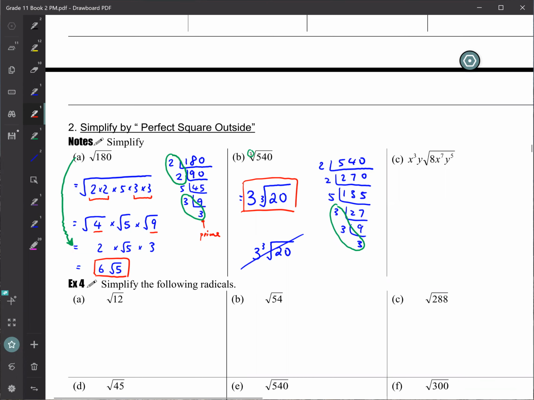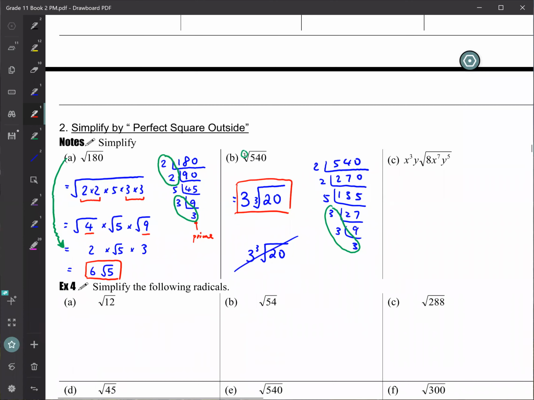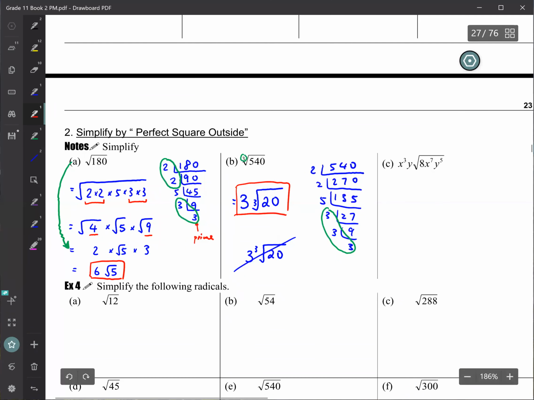Okay. Now, what if you have variables? Okay, variables are actually easier because they already tell you how many things there are. Okay, so for this one, we have a square root, right? So square root, the 8, we already know it's made up by 2, 2, 2. So we have pairs, right?